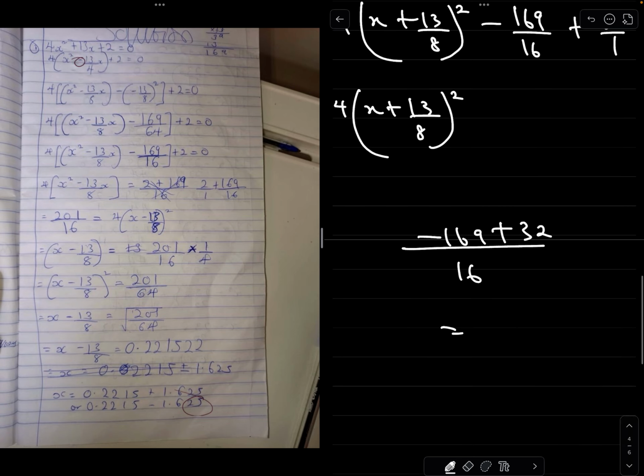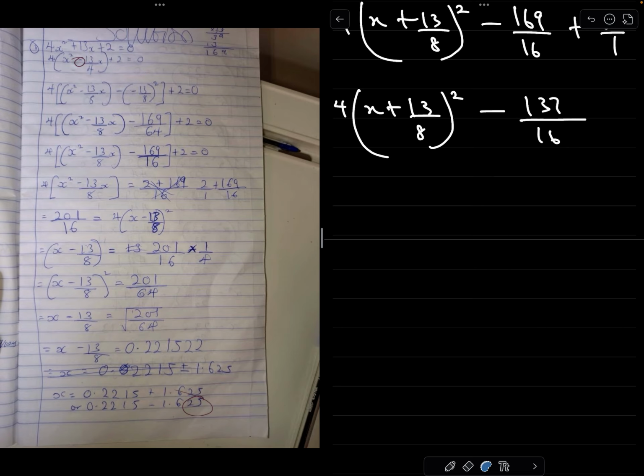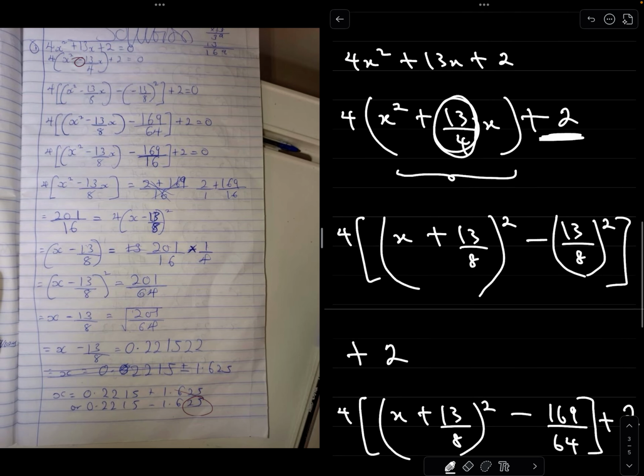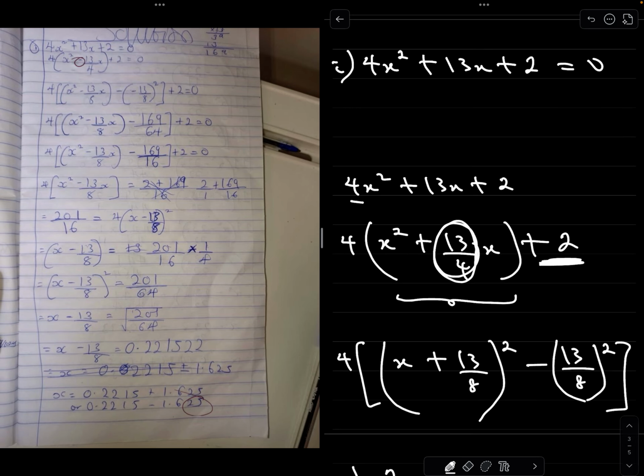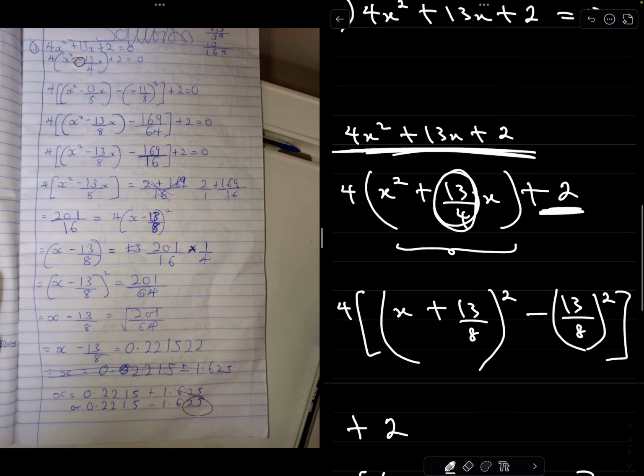And that will give us minus 137 over 16. So that's what we write here, minus 137 over 16. This is what we get when we complete the square for the quadratic expression 4x squared plus 13x plus 2.